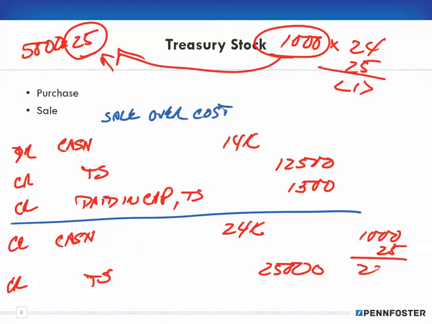And again, we can sit down and calculate the paid-in capital, but why do that when we could just look and say, our debits have to equal our credits.